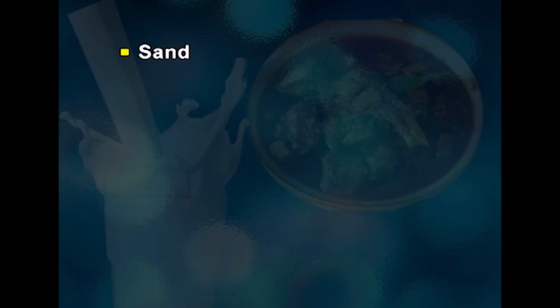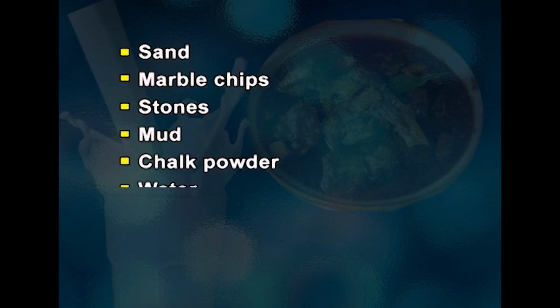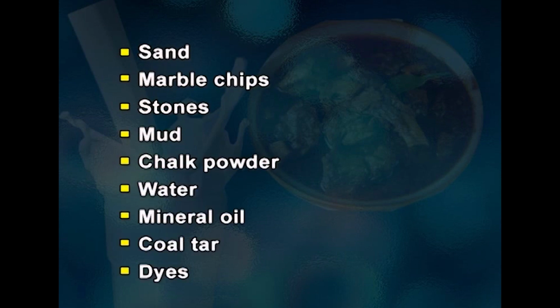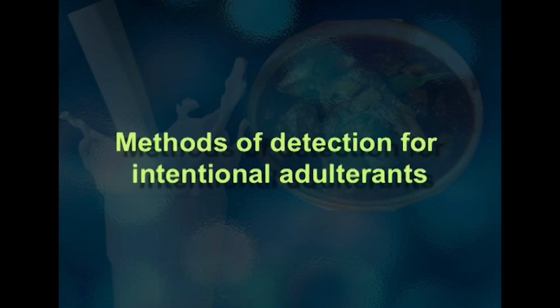Other intentional contaminants of food are sand, marble chips, stones, mud, chalk powder, water, mineral oil, coal tar and dyes. Now what are the methods by which we can detect the intentional adulterants in foods?